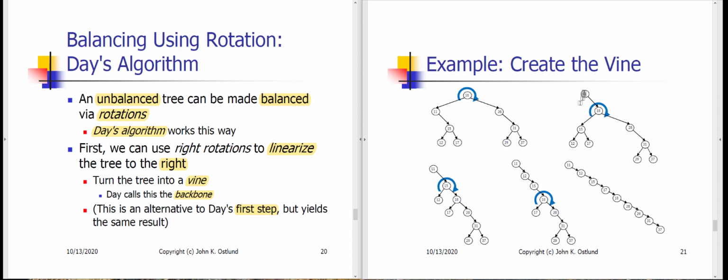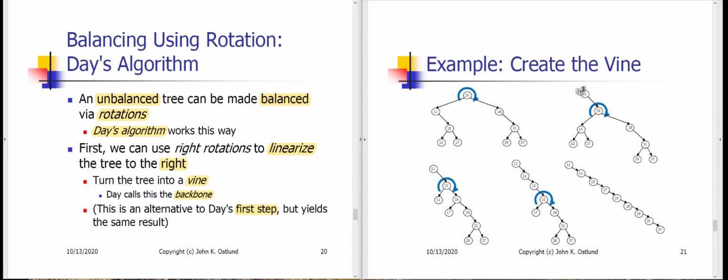Okay? So 11 moves up, 18 moves down to 11's right. 11's right subtree, which we can think of as being between 11 and 18, now becomes the left subtree underneath 18, and 18 still has its same right subtree.